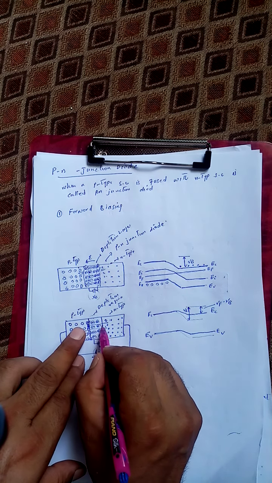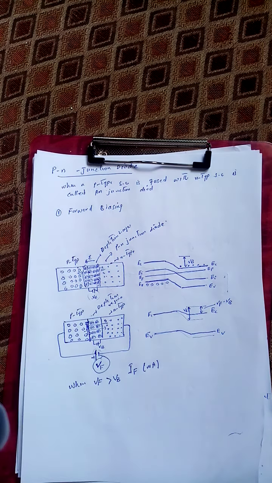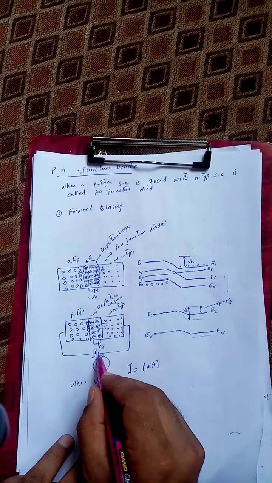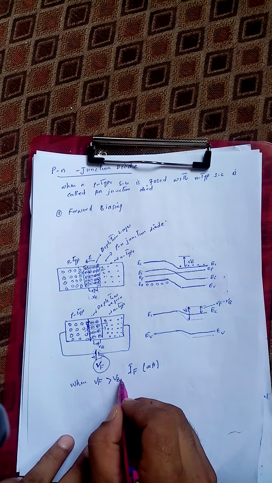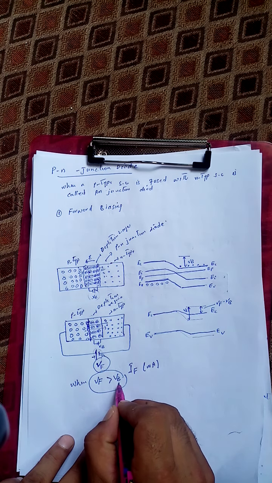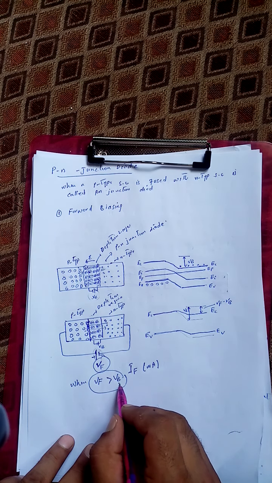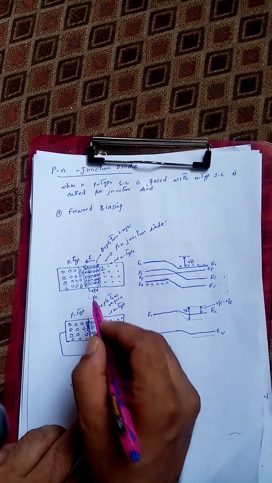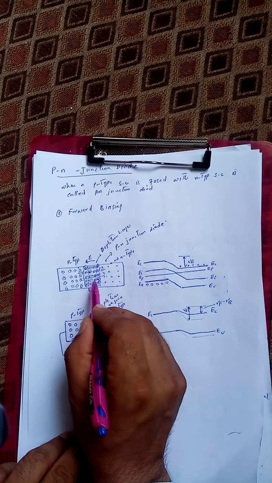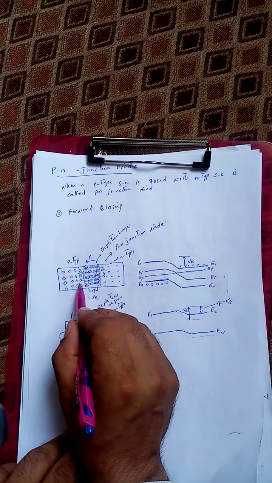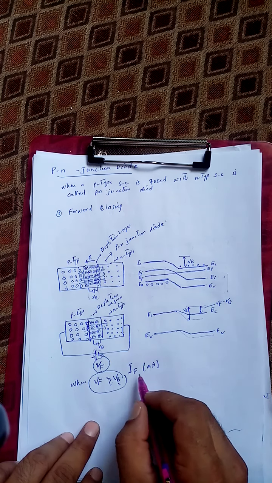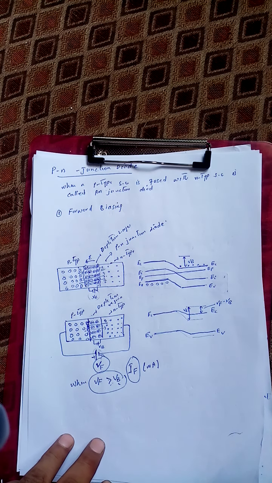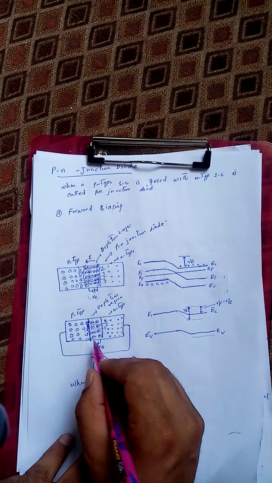As a result, the width of the depletion region decreases. But if we increase the forward biasing voltage so that its value is greater than the barrier voltage, or the depletion region voltage, then electrons will cross the junction from the n to p region, and holes will cross the junction from the p to n region, and we have a forward biasing current IF. In this case, the resistance becomes 0.